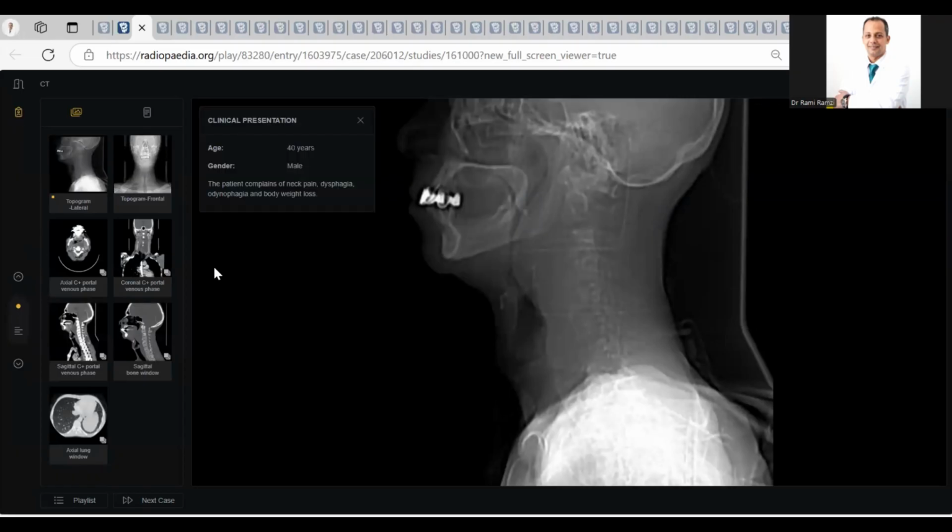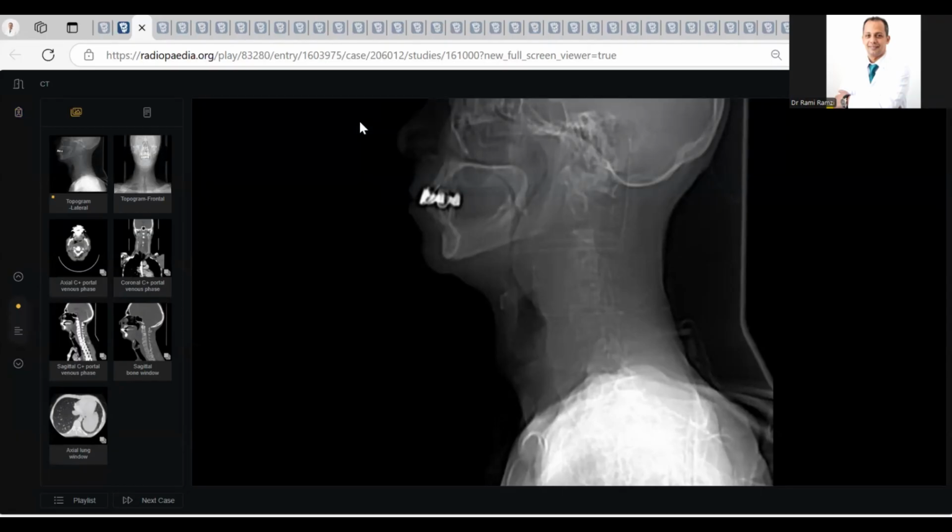Number 2. Years old male patient complaining of neck pain, dysphagia, odynophagia, and consequent progressive body weight loss. Okay, I'm provided with a scanogram, lateral projection, and I could appreciate significant pre-vertebral soft tissue swelling. The vertebral bodies appear slightly straightened. I would like to further review the CT scan images.